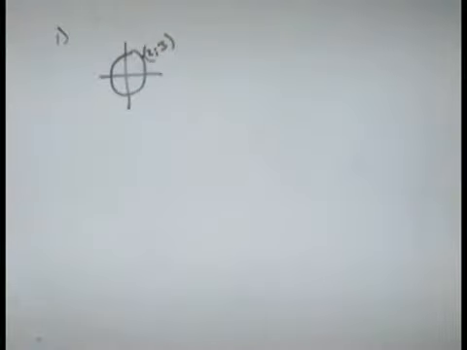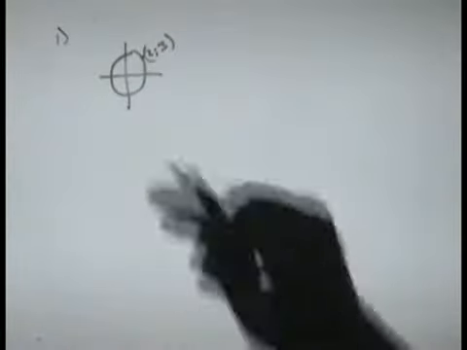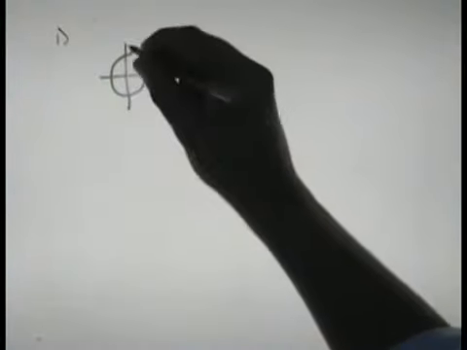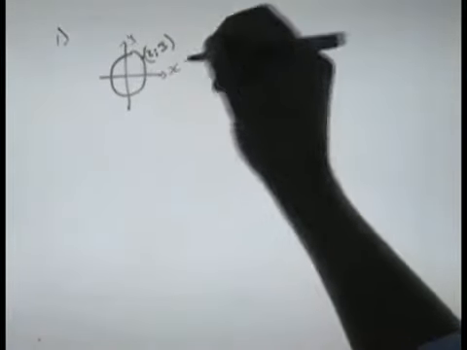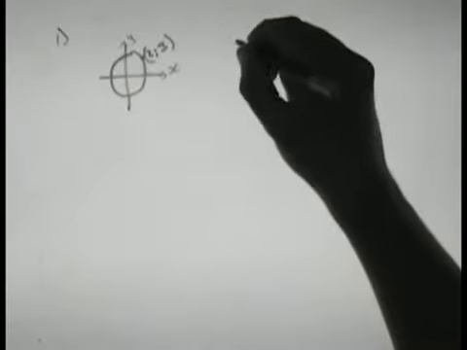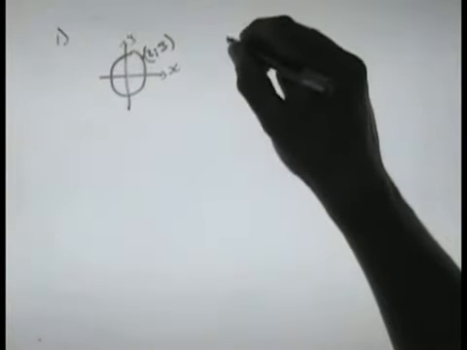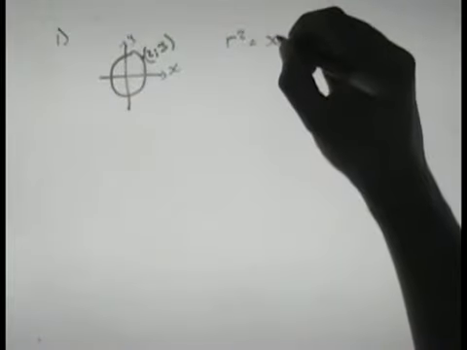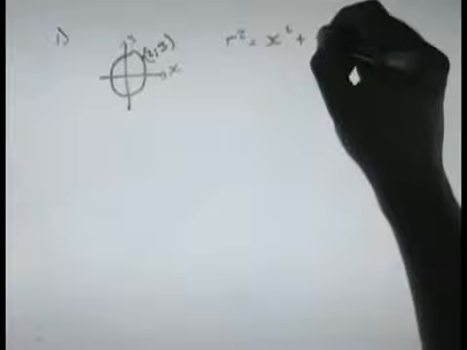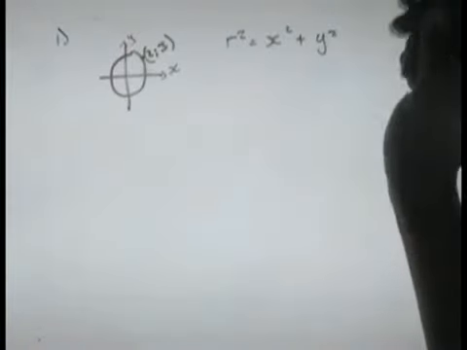The first one I gave you to do had a circle which was centered around the origin and had a point 2 and 3. Now the standard form of the circle, remember I said, is r squared is equal to x minus p squared, but because it's centered around the origin, we just need to say x squared plus y squared.